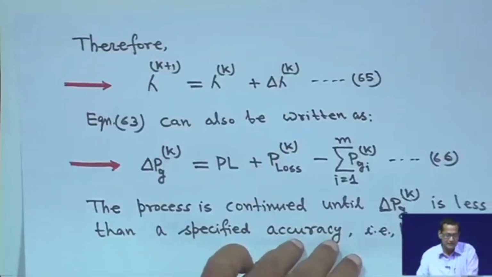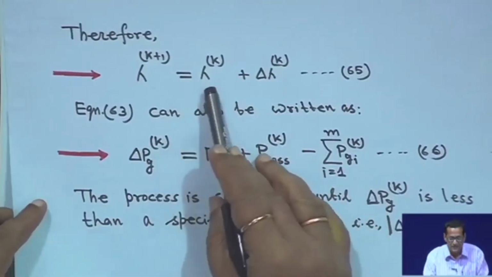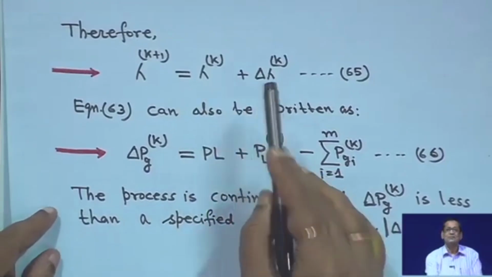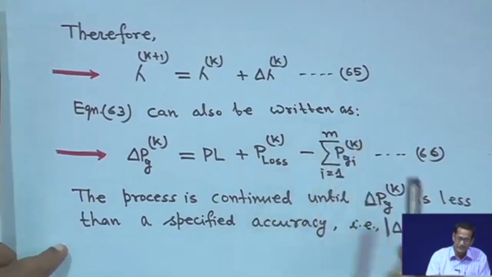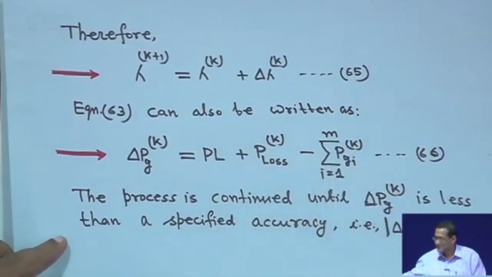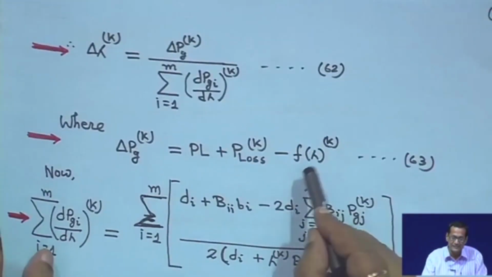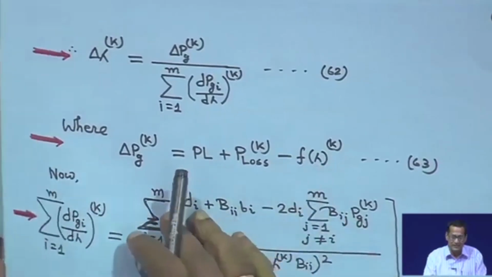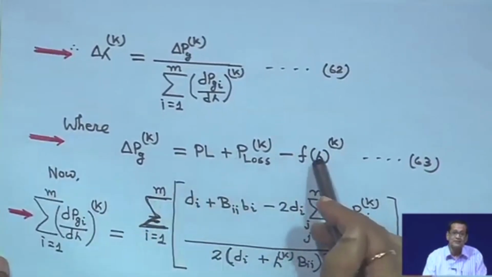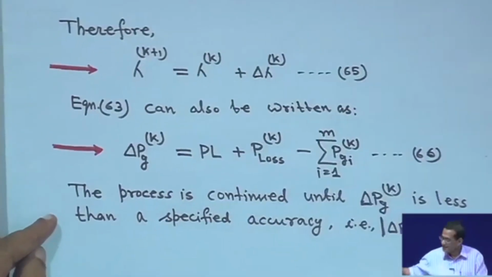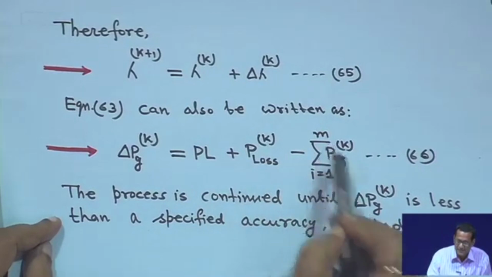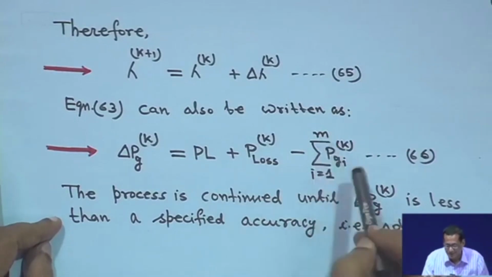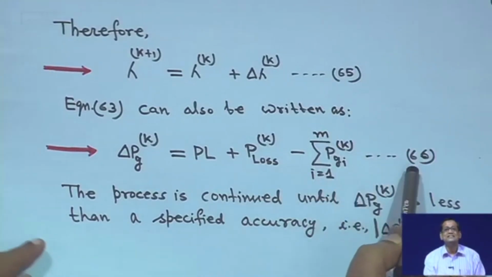Once this is done, λk+1 is equal to λk plus Δλk. This is equation 65. So equation 63, instead of f(λk), can be written as PL plus Ploss k minus the summation i equal to 1 to m of PGi k. That is 66.